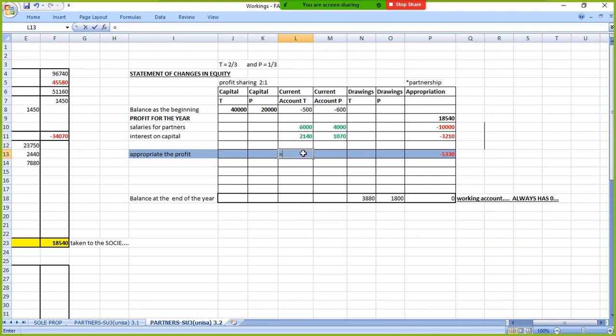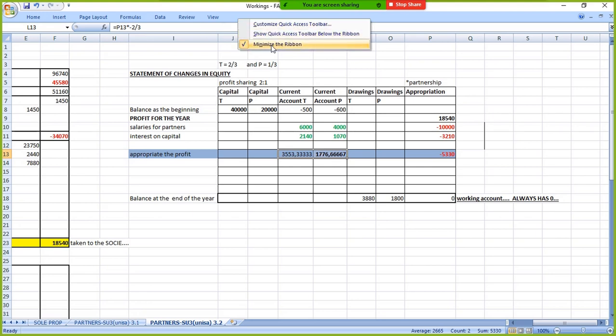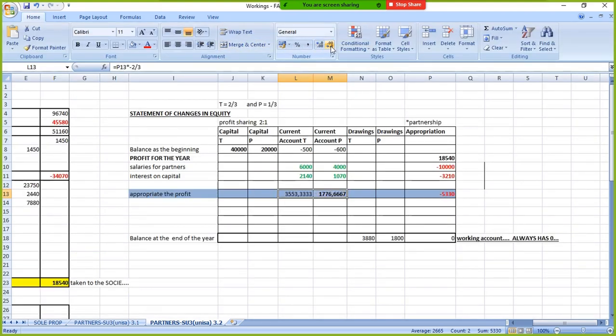Toy gets 2/3 of this, and Porky gets 1/3 of that. Let's just round it off so it's a nice round figure. Appropriation of profits. Now we can work out the balances.